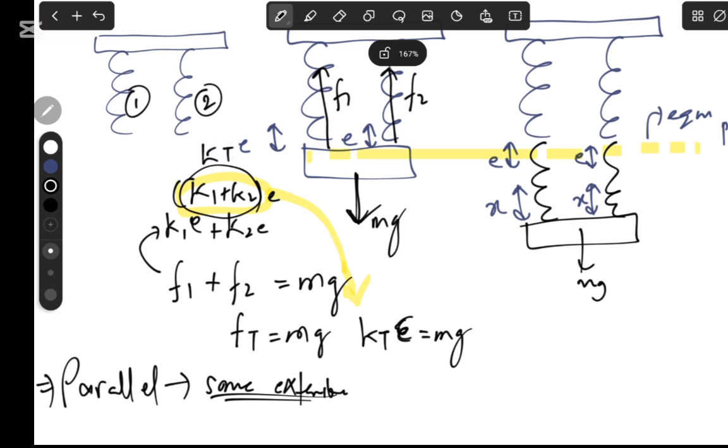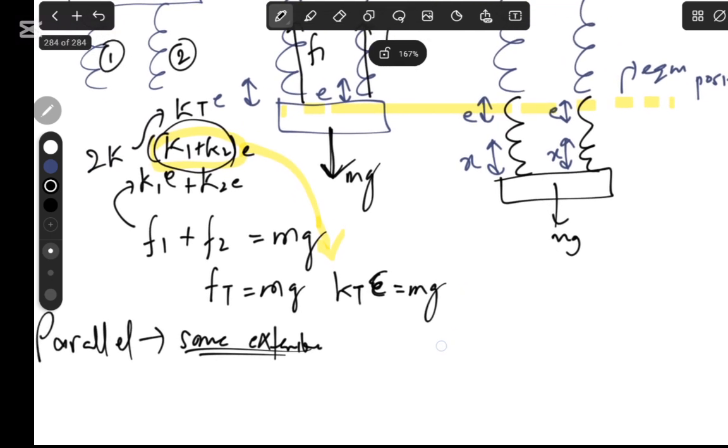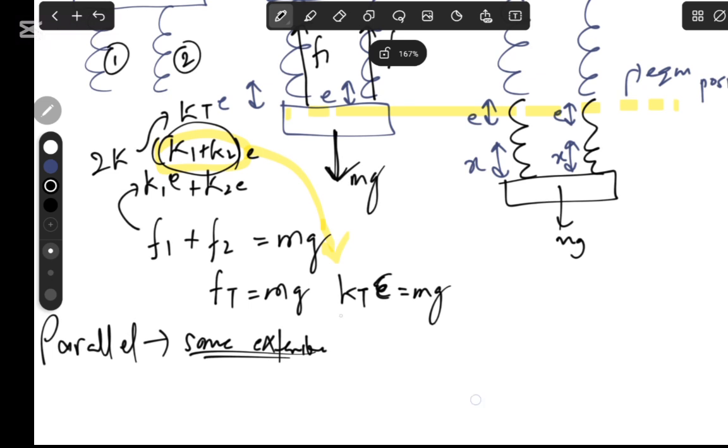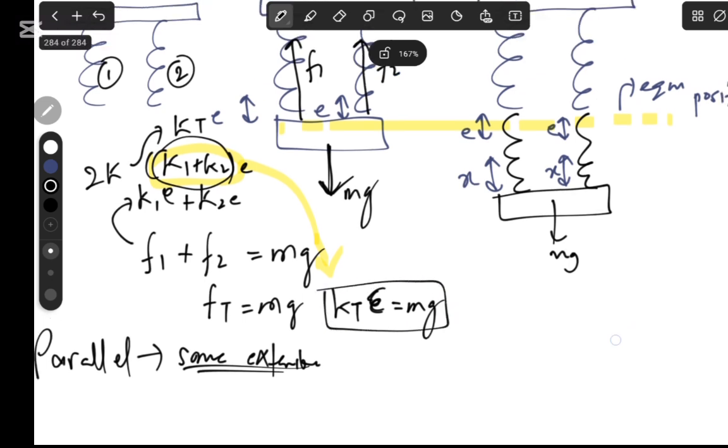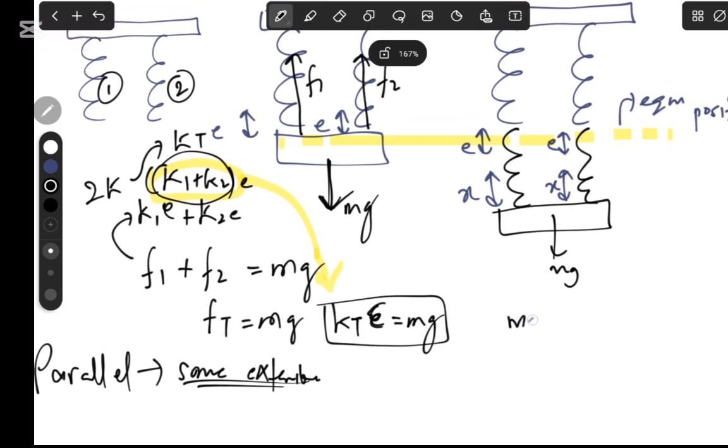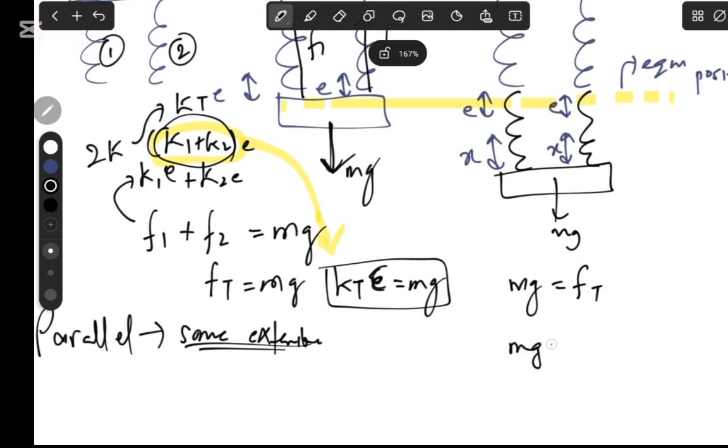Now if both these springs are identical, then these two combine together to make 2K. 2K is K total. Okay, so that's the first step.